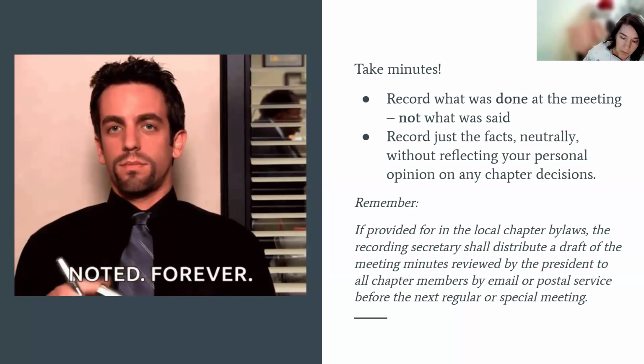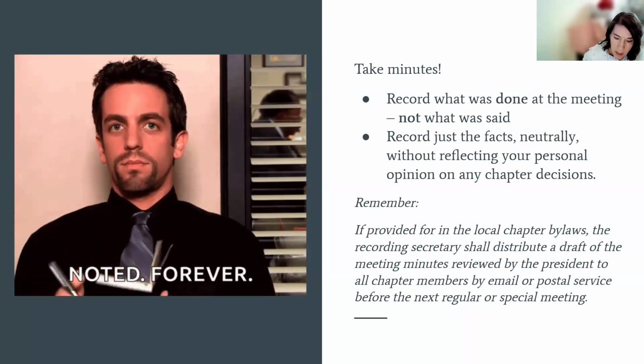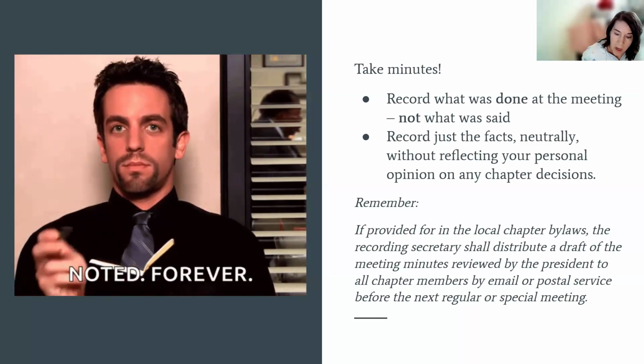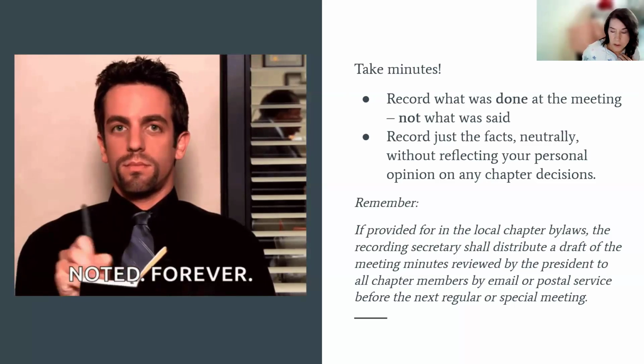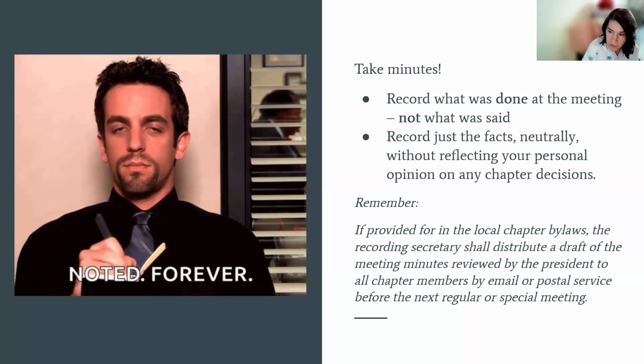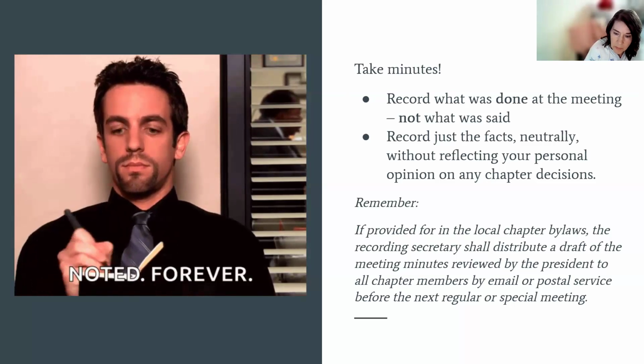So remember, if you put it in your chapter bylaws that the recording secretary can send out a draft of the minutes to the president to review, once the president says okay, then she can send those minutes out to the chapter, primarily by email.